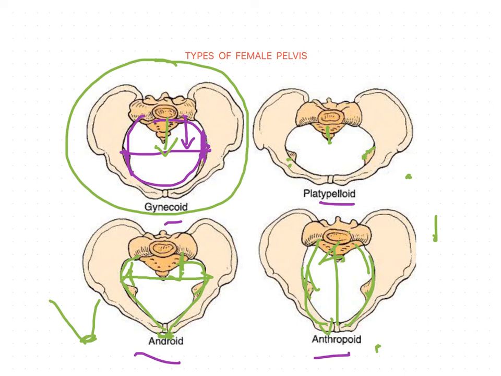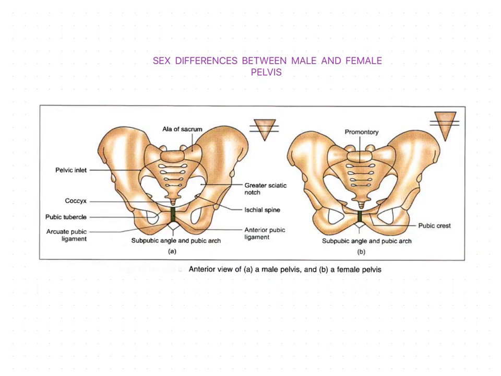Now we are going to see the differences between the male pelvis and the female pelvis. These are the anterior views of male and female pelvis on both sides.